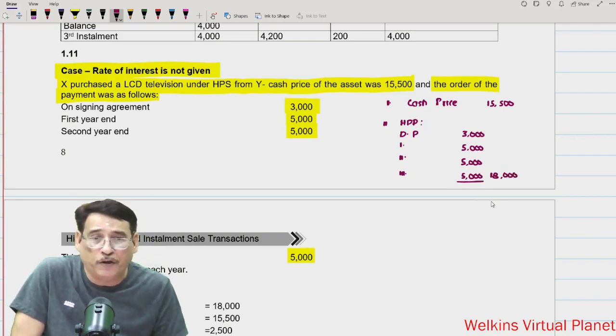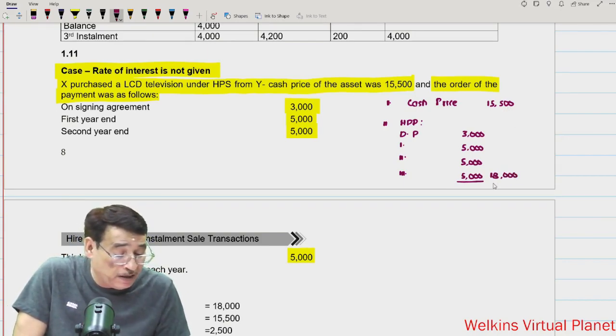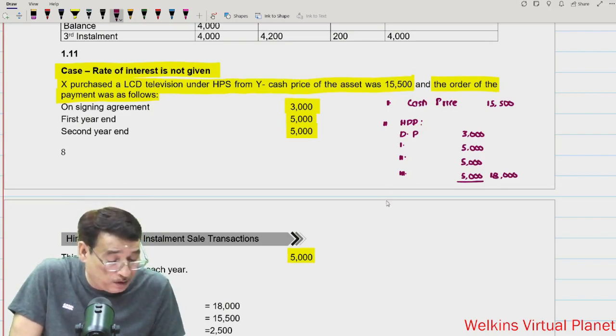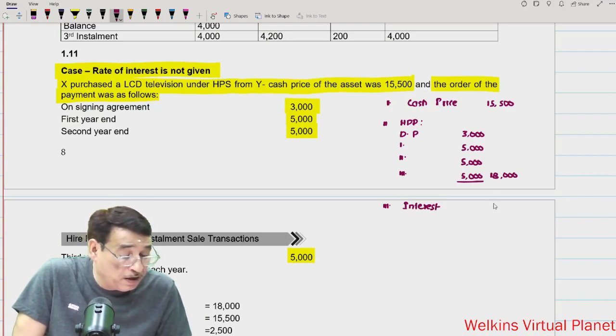The difference between the cash price and hire purchase price is known as interest. So what is your interest? Total interest is equal to 2,500.